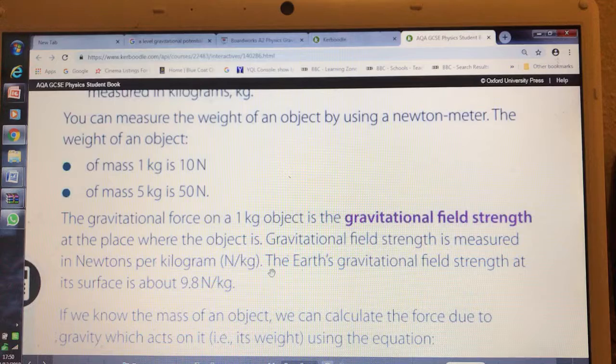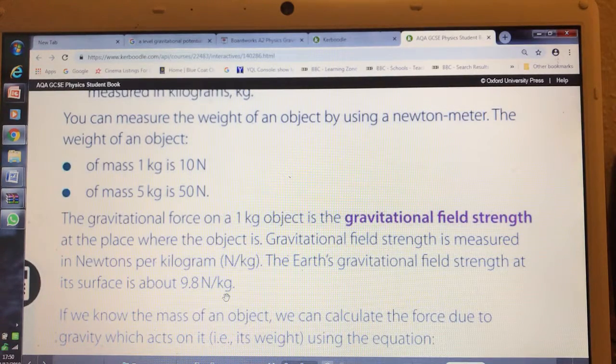So if the mass of the object is 1,000 kilograms, then 1,000 times 9.8 will give you a weight, a force acting due to gravity, of 9,800 newtons.